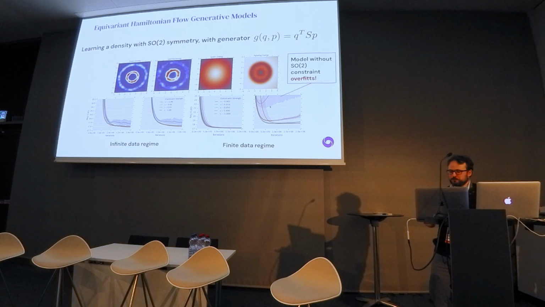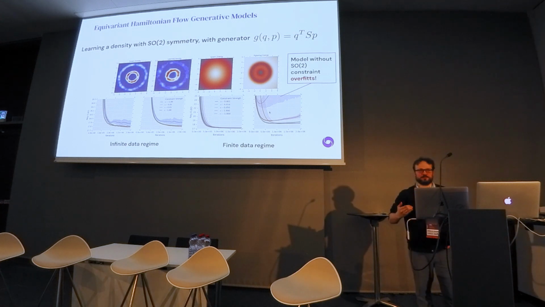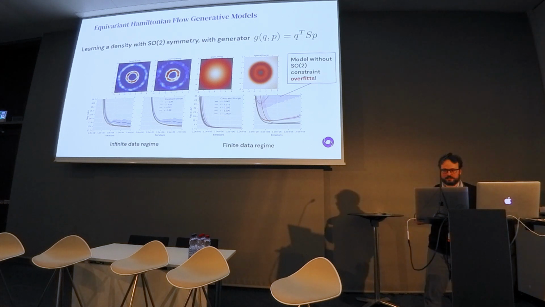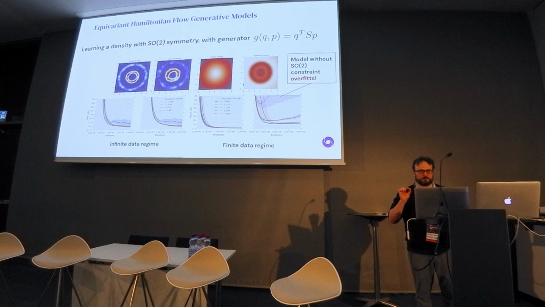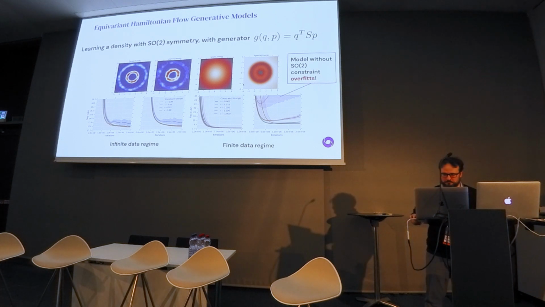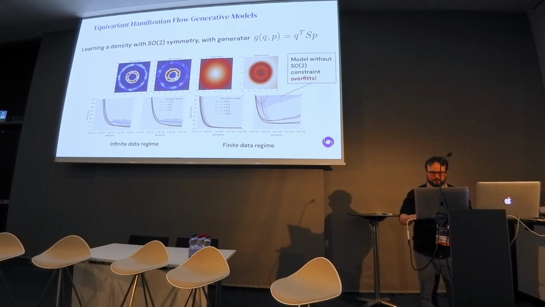But we can pretty much control the degree of overfitting by how hard we impose the symmetry constraint that we know exists in this problem. And this is an example of the learned function under the symmetry, which has a very fine granular precision on this learned symmetry.